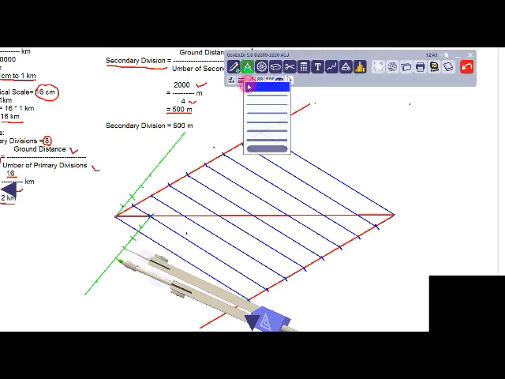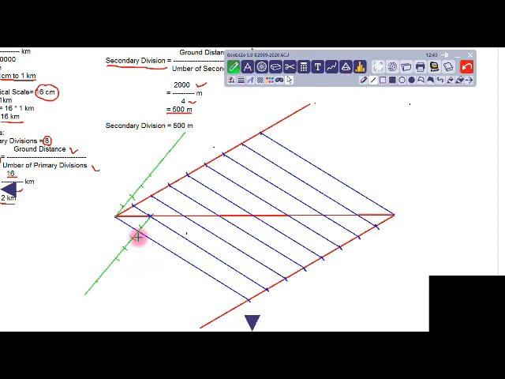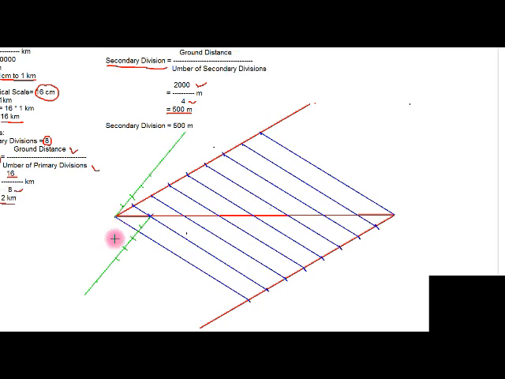So once you have done this, now you have to join in the same manner as we joined in the previous case. Okay, so this first point on this diagonal line to the end, then this, okay, on this point.